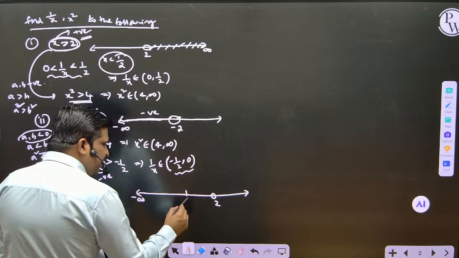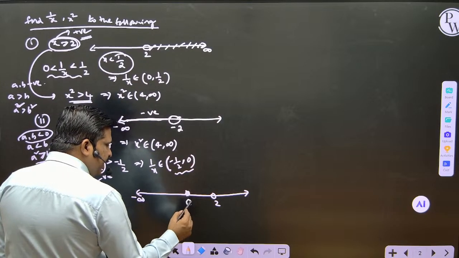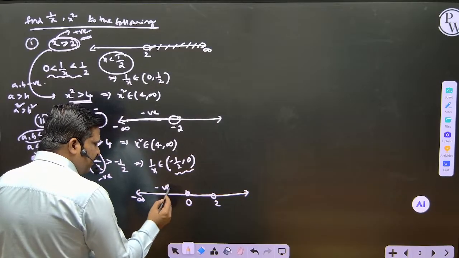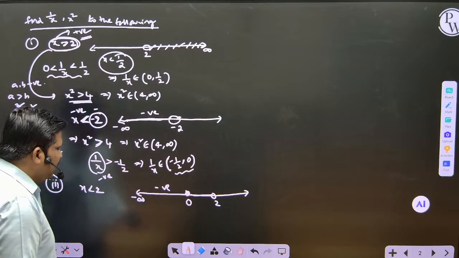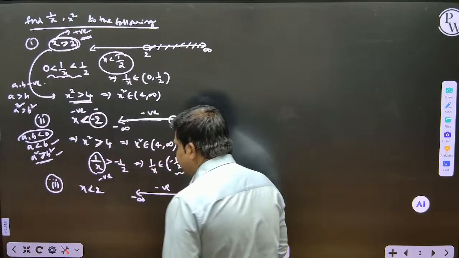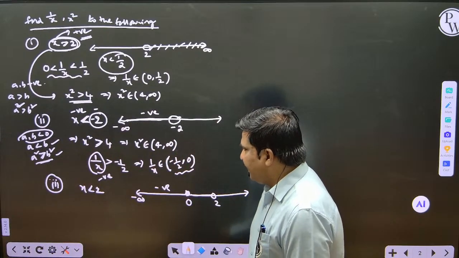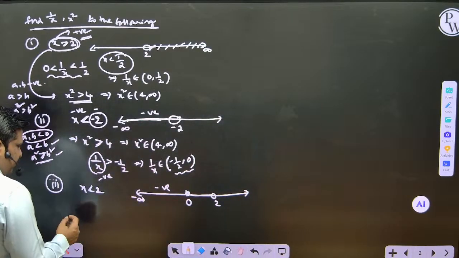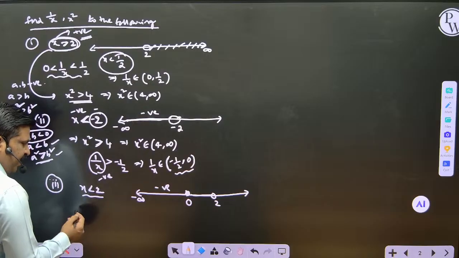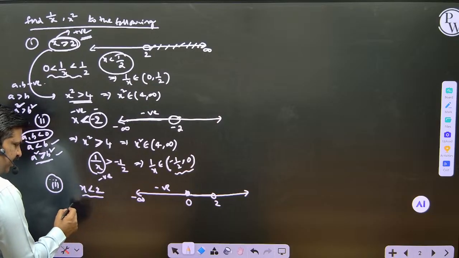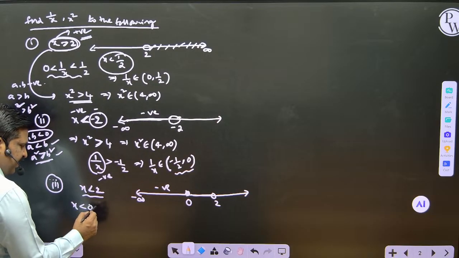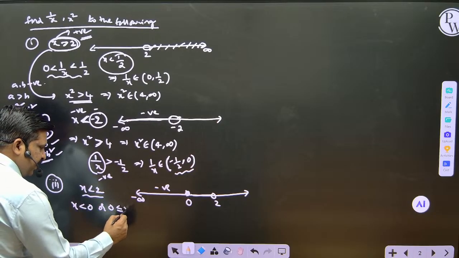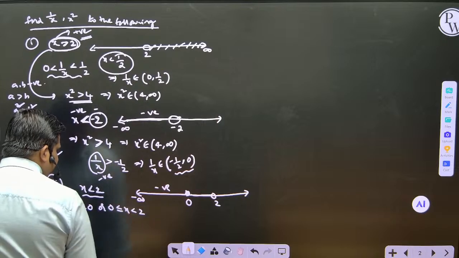Here we have some positive values and we also have some negative values. So how can I write this? x less than 2, I can write as x less than 0 or 0 less than or equal to x less than 2.